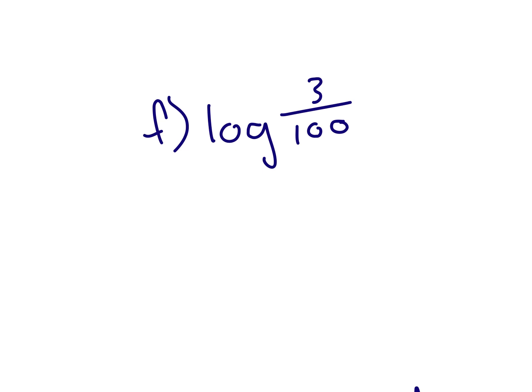So looking at F, I'm going to break this up with subtraction. So I have log of 3 minus log of 100. Can we simplify this anymore? Log of 100. What's the base on my log here? 10. So how can I make 100 have a base of 10?